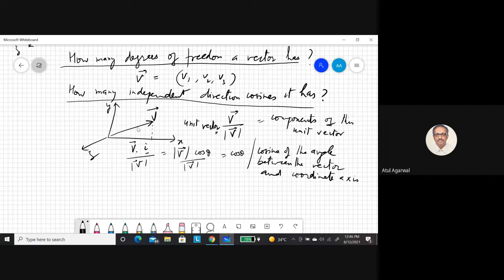Similarly, you can find the angle between vector v and axis y, vector v and axis z. So you can call this angle alpha, this angle beta, and this angle gamma. So direction cosine becomes cos alpha, cos beta, cos gamma. So this is a unit vector in the direction of vector v.